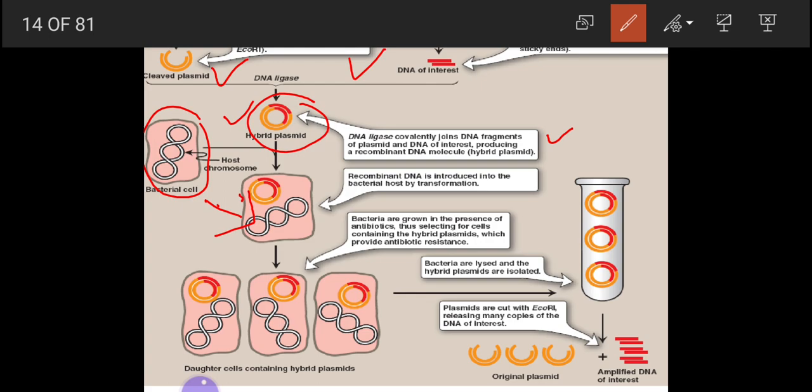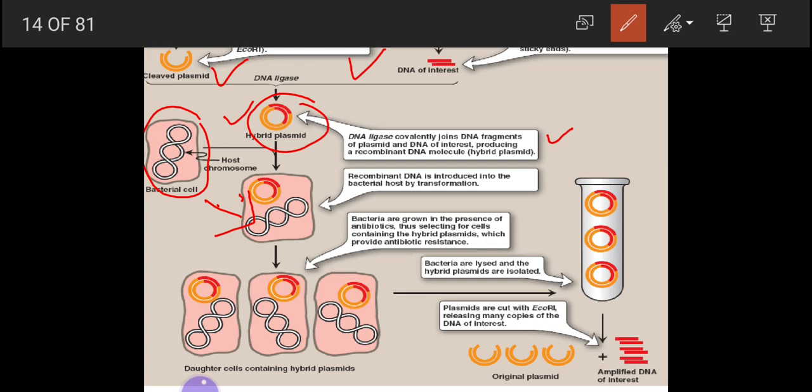So by the process of transformation, recombinant DNA or the hybrid plasmid is introduced into the bacteria. Now, bacteria can be easily grown. Bacteria are grown in the presence of antibiotics, thus selecting. Antibiotics are used to select for the cells containing the hybrid plasmid, which provides the antibiotic resistance.